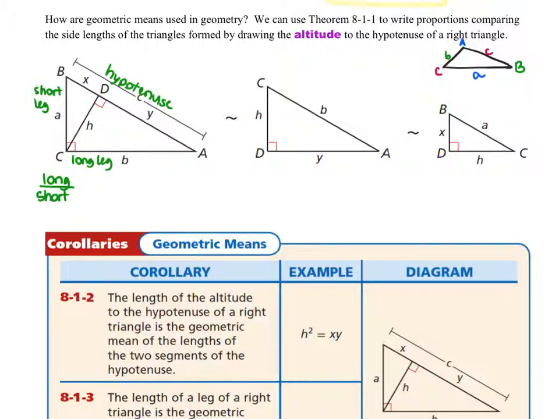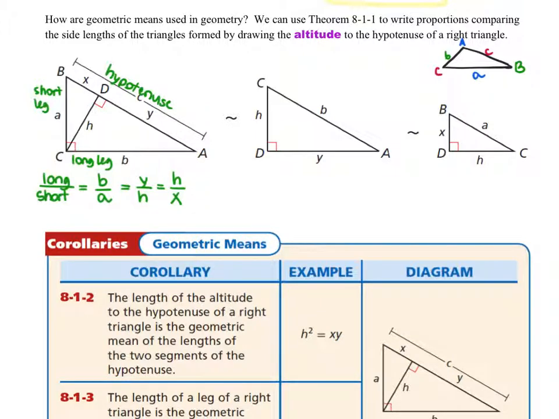If we had an isosceles right triangle, they would be of equal length. So on the big triangle, triangle ABC, the long leg is side B, the short leg is side A. On the medium-sized triangle, the long leg is side Y and the short leg is side H. And on the little triangle, the long leg is side H and the short leg is side X.